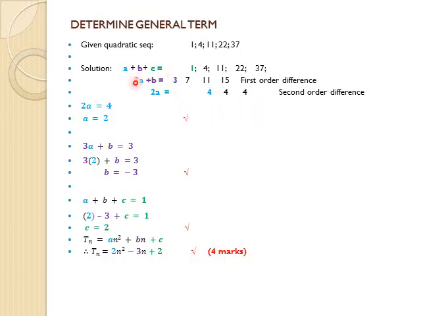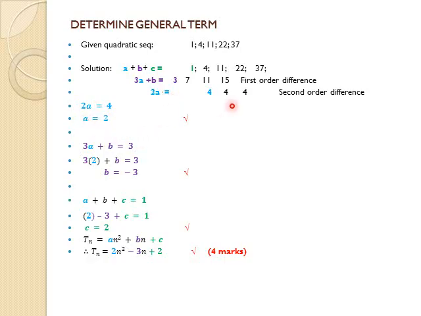Now there are many ways to solve this, and if you want to, I can show you how we got all these values. But in general, one of the most common ways to get a general term, we'll always say 2a equals the first term of the second difference, 3a plus b equals the first term of the first difference, and a plus b plus c equals the first term. So that's the formula we work with.